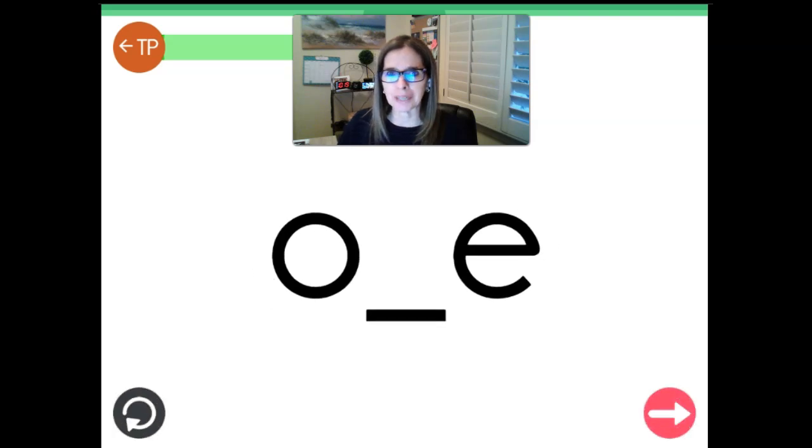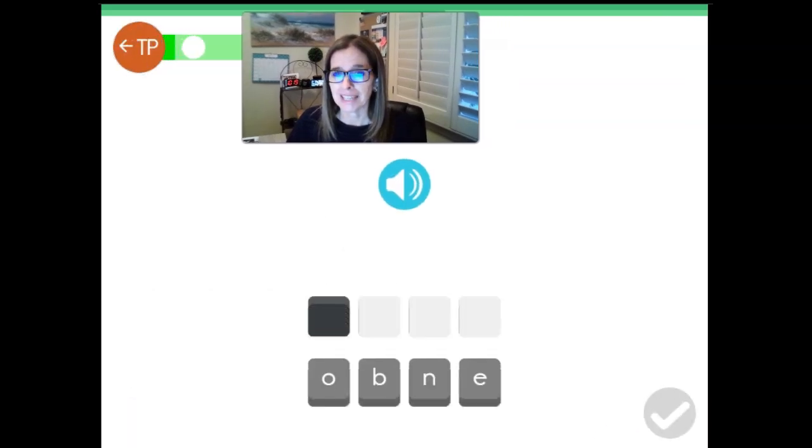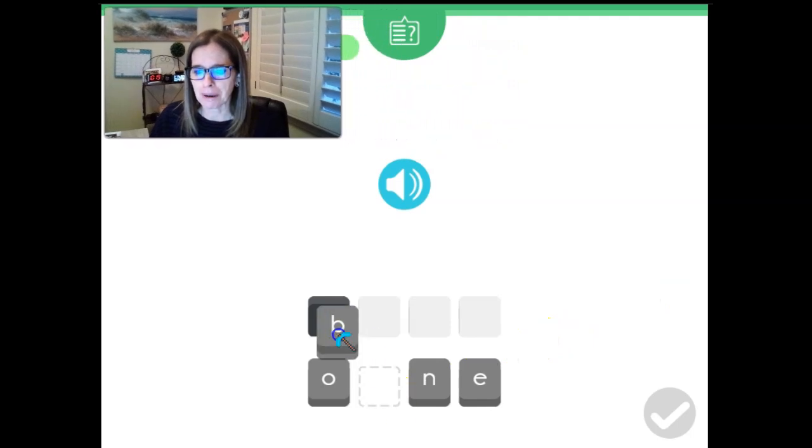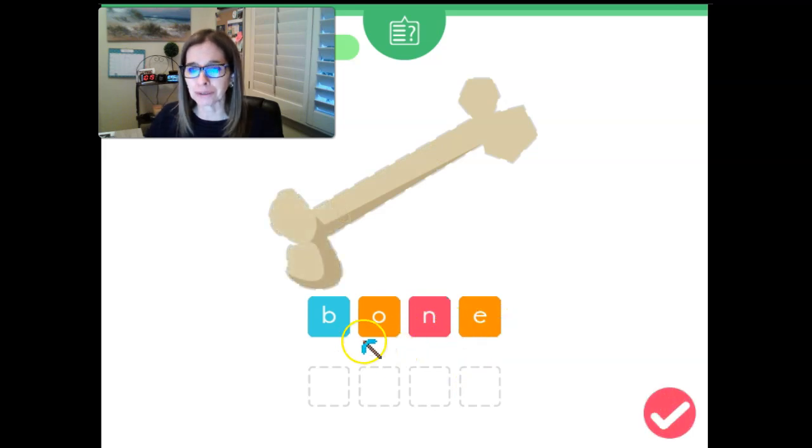So we see the O as in bone that we were just introduced to. Now I'm going to build bone. B-O-N. And I know I need the O separated E pattern to make the O sound in bone.